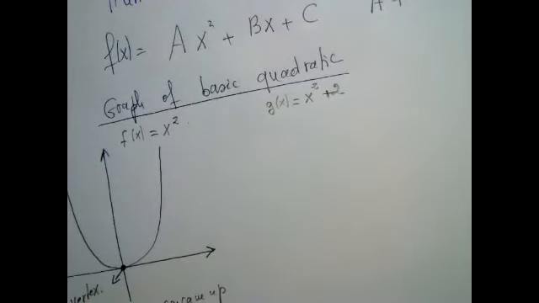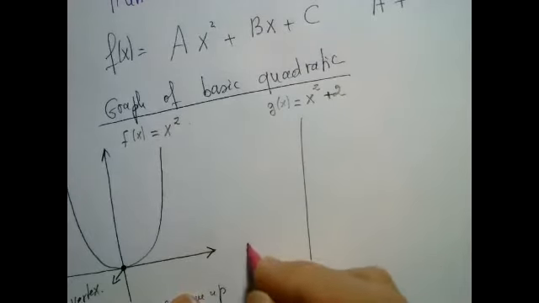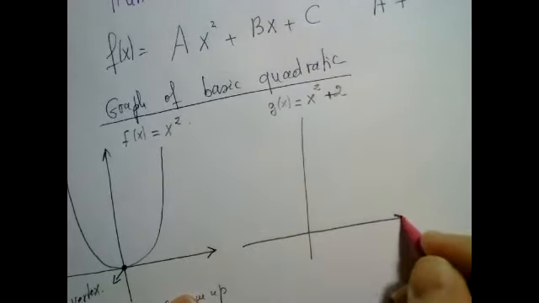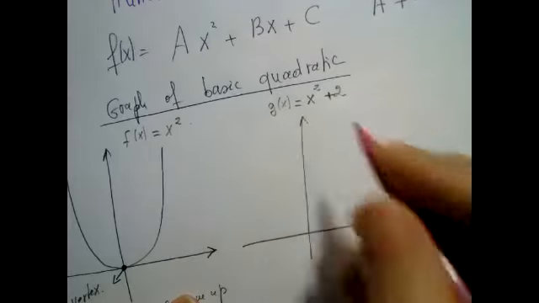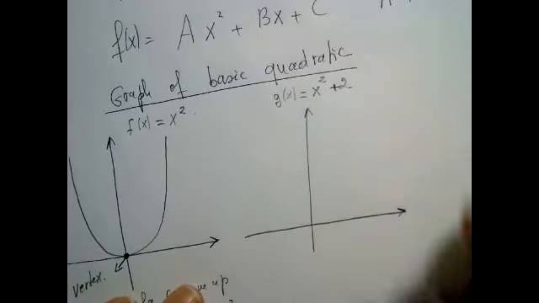Anybody can tell me? Wouldn't you shift the graph 2 spaces to the left? Why to the left? Actually, no, it wouldn't, it would be up. Exactly. You have to lift it up.